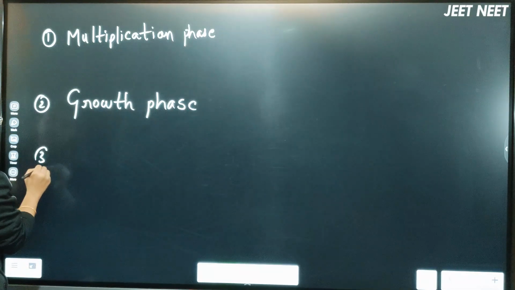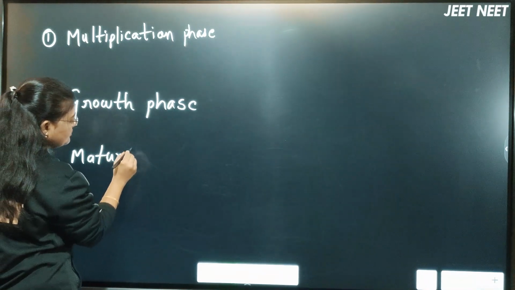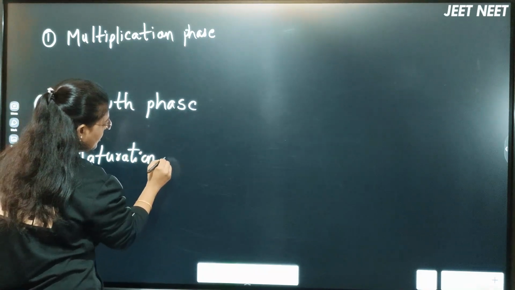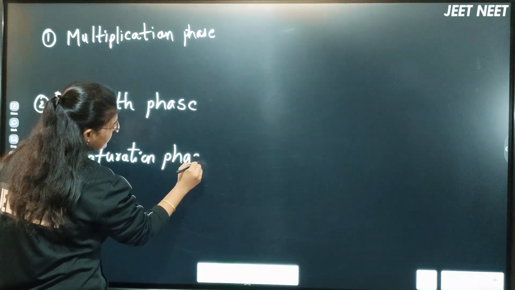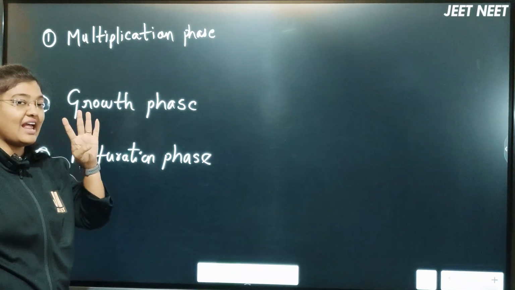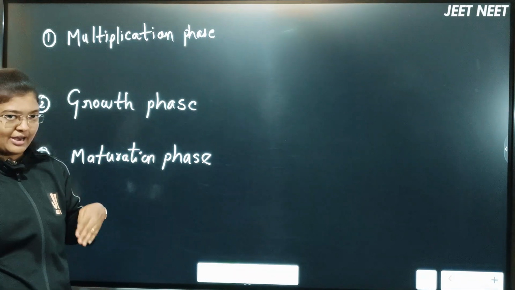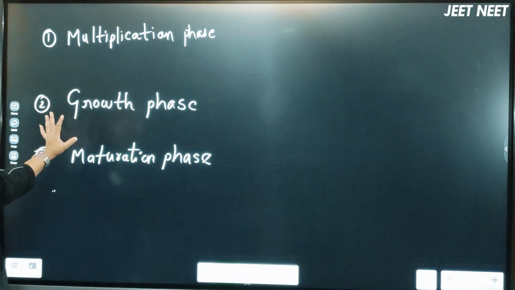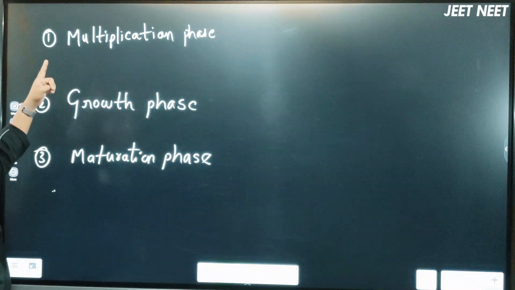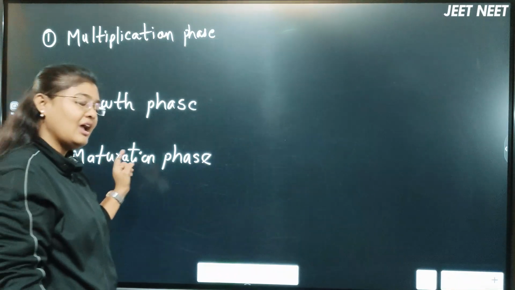Third, maturation phase, right? Oogenesis will happen in 3 phases, but spermatogenesis will happen in 4 phases here. I'll explain the differences between oogenesis and spermatogenesis also, but oogenesis will happen in 3 phases. One is the multiplication phase, one is the growth phase, and one is which one?